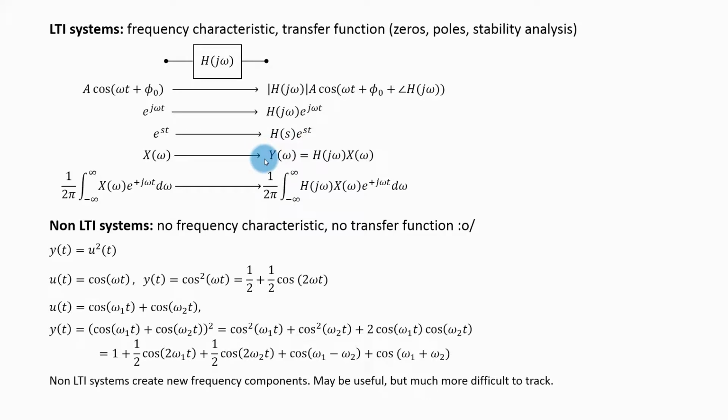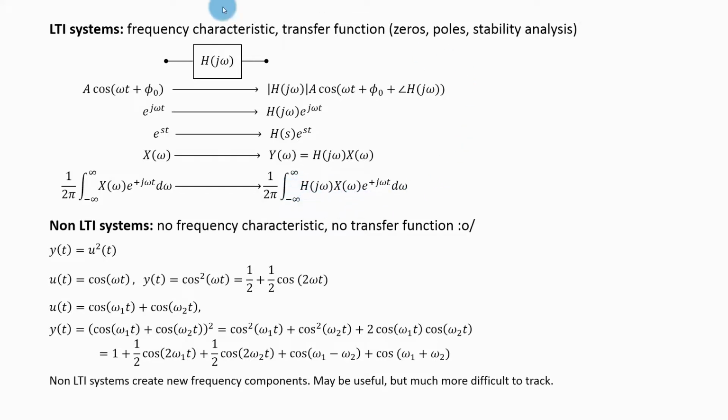Moreover, for an LTI system, the spectrum of the output can be easily computed from the input spectrum by just multiplying it with the frequency characteristic. And if you express your signal as the inverse Fourier transform of its spectrum, then the output can be easily expressed as the inverse Fourier transform of the spectrum of the input signal multiplied by the frequency characteristic.